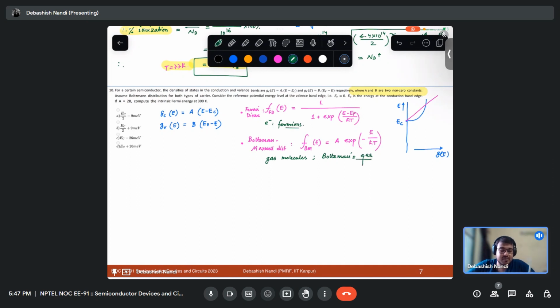And electron is one example of a fermion. Gas molecules, or these natural gas molecules, are one example of a Boltzmann gas. Sometimes you will see that electrons are also considered a Boltzmann gas. Can you tell me why that's so?